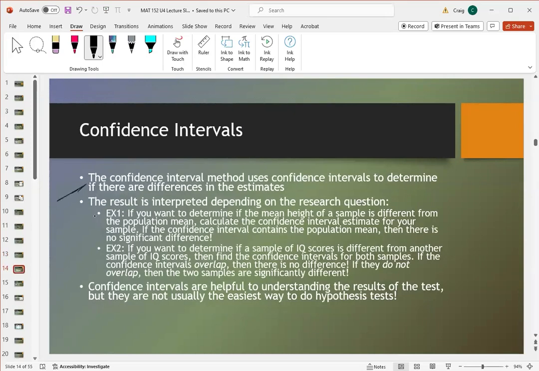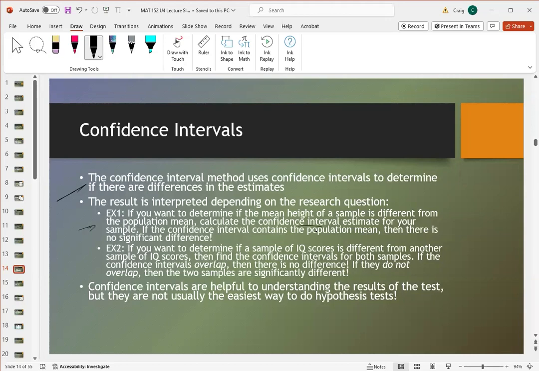So the first method you can use is confidence intervals. You're familiar with calculating confidence intervals. We can determine if there are differences between our estimates and the population values, or differences in the estimates from one another. The result from the confidence interval is interpreted depending on whatever type of question you're asking. So if you want to determine if the mean height of a sample is different from a population mean, you would calculate a confidence interval for your sample.